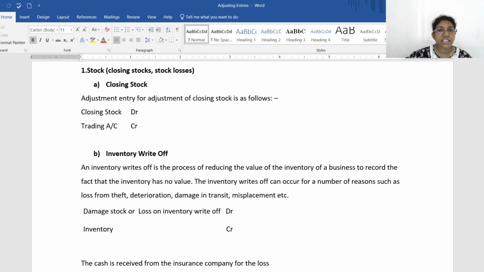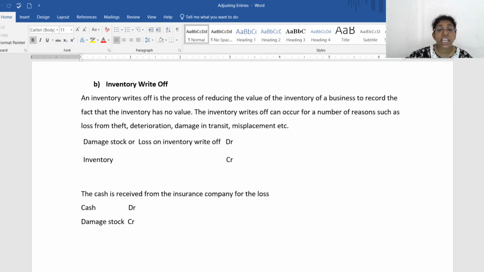So when there is damage, we know it's a loss for us. Since it's an expense, what we are going to do is debit the damaged stock. Then we are going to cut off that cost from the inventory. Then sometimes we can get cash from the insurance companies if we insured our stocks.